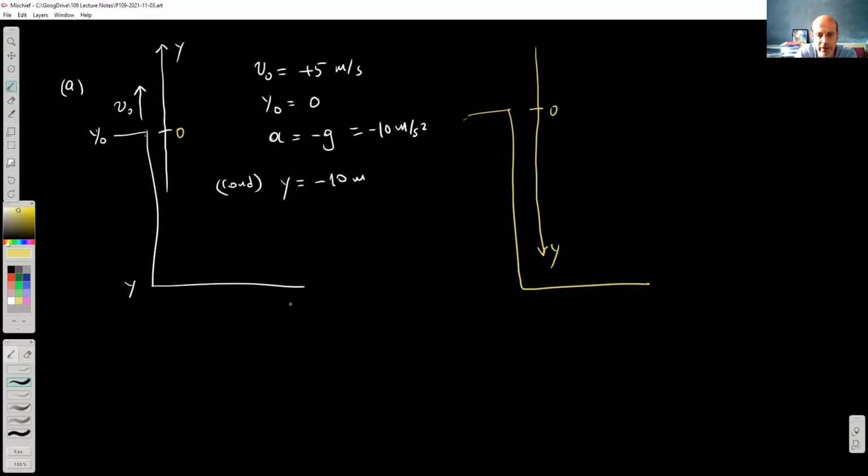Let me quickly do what happens if we are using this reference frame. In that case, the velocity is negative, since it is along the negative y-axis. Initial position is the same. Acceleration this time is plus g, so this is plus 10 meters per second squared. And the final position, our condition, is equal to plus 10 meters.